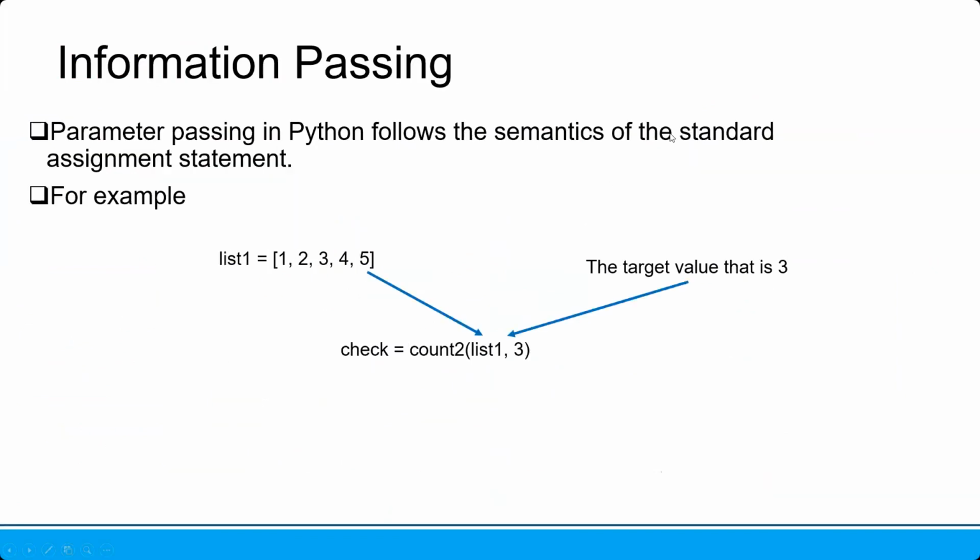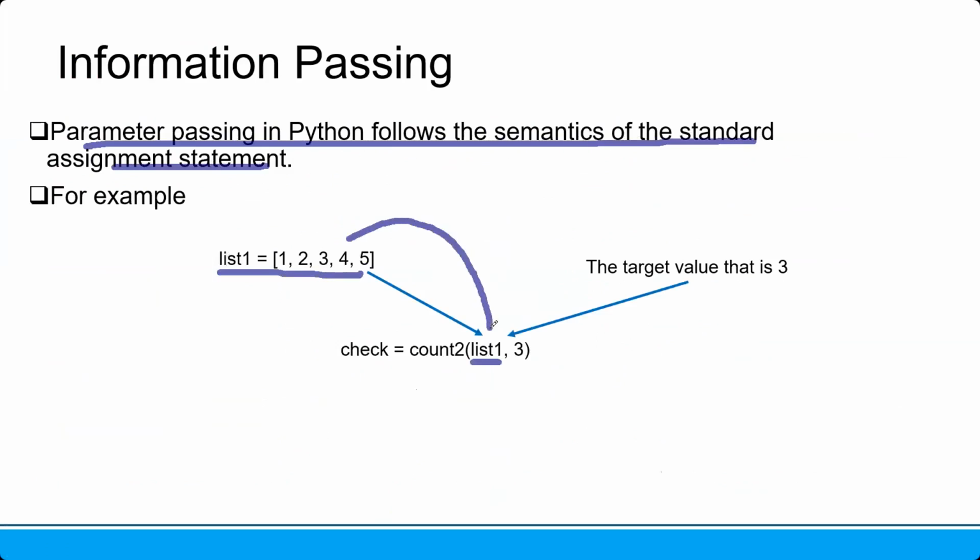So, information passing. Please remember that parameter passing in Python follows the semantics of the standard assignment statement. It means if you have 2 parameters, this one, then this will be in this variable.